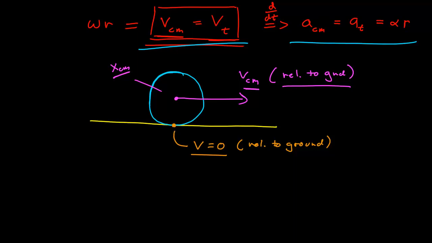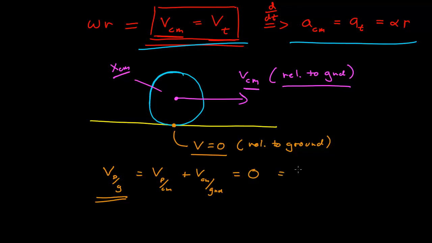And so we can look at it this way: the velocity of this point relative to the ground is equal to the velocity of that point relative to the center of mass plus the velocity of the center of mass relative to the ground. Well, this must equal 0 because the point has to be at rest relative to the ground.